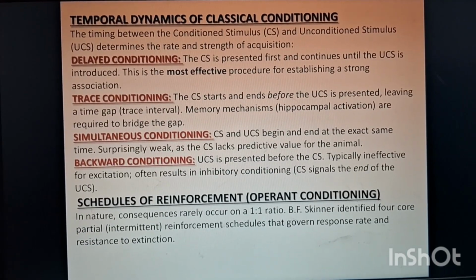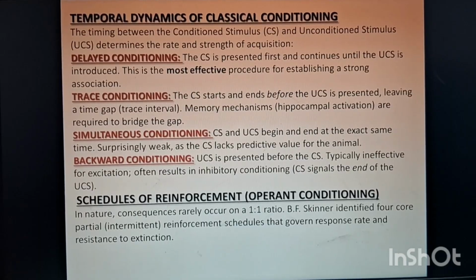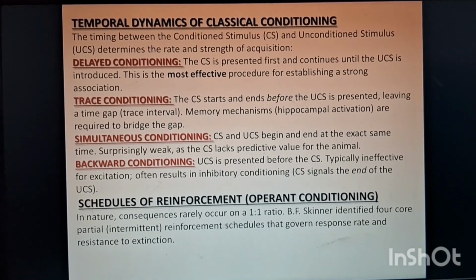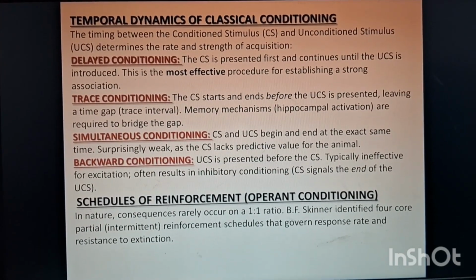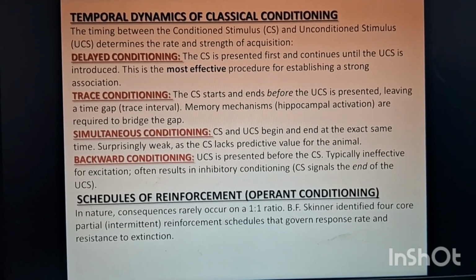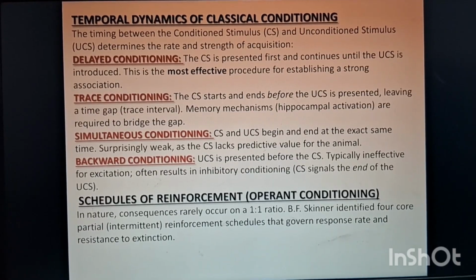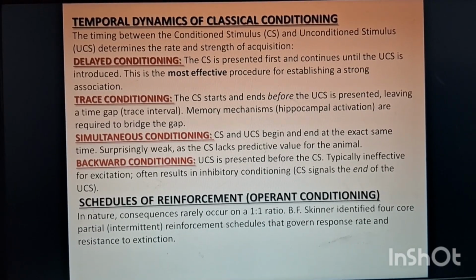Next, trace conditioning. The conditioned stimulus starts and ends before the unconditioned stimulus is presented, leaving a time gap, that is trace interval, and a memory mechanism, that is hippocampal activation, is required to bridge the gap. Next, simultaneous conditioning.